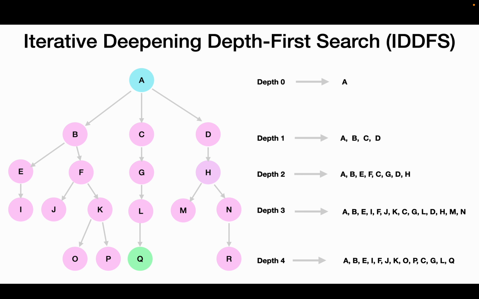So our traversal would be A, B, E, F, C, G, D, H. And then once again, if we increase depth to 3, it traverses A, B, E, I, F, J, K, and so on. Once the depth is 4, we will reach the goal node, and that's when the traversal will stop.